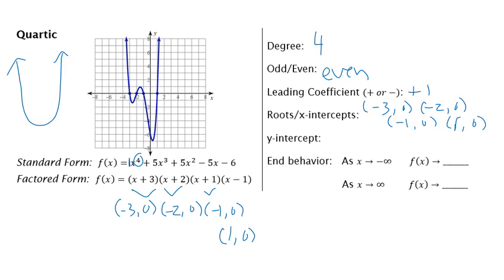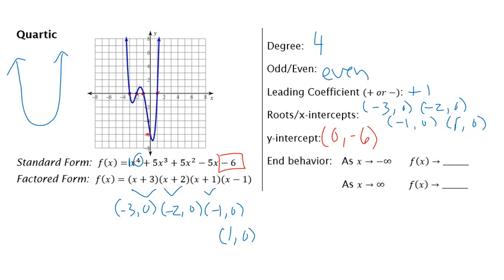Before I go to the y-intercept, again, you can read those x-intercepts off the graph if you wanted to as well. My y-intercept is in standard form. That's my c value, or my constant. So I had -6, but you also see it on the graph.